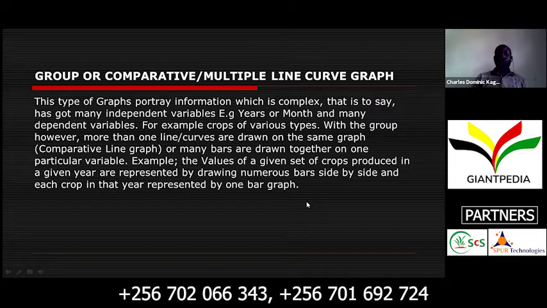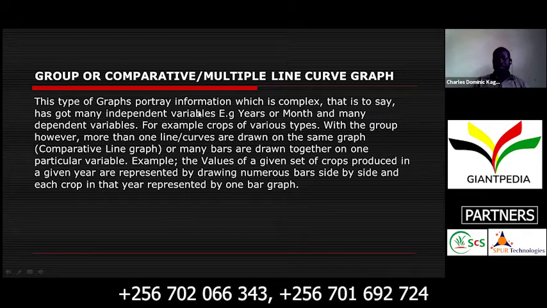So that is why they are called group or comparative. Now we have group bar graphs. We also have group line graphs or comparative bar graphs or comparative line graphs. The procedures may be the same, but we shall try to go through them slowly. So in this, I said that this type of graph portrays information which is complex.